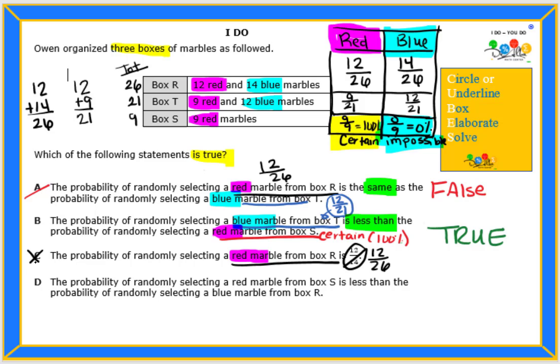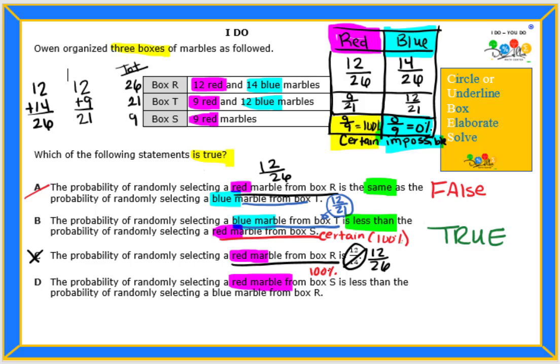Letter D, the probability of randomly selecting a red marble from box S. Remember box S was the one that had only red marbles. So that is 100%. We figured that out when we said there is no way we can get a blue marble.